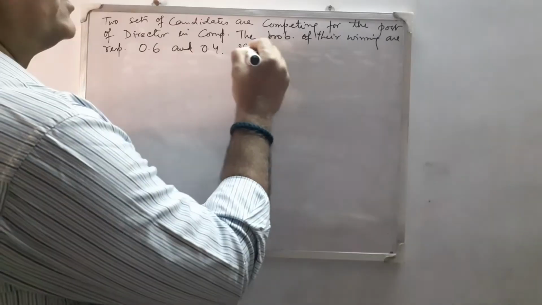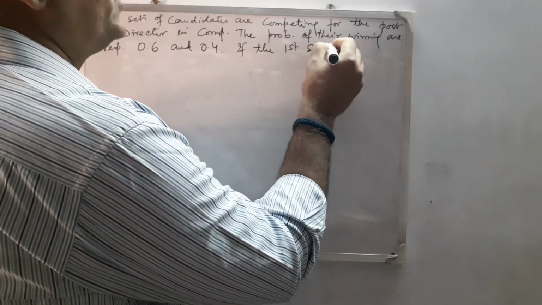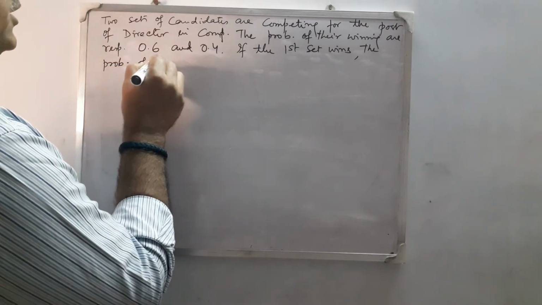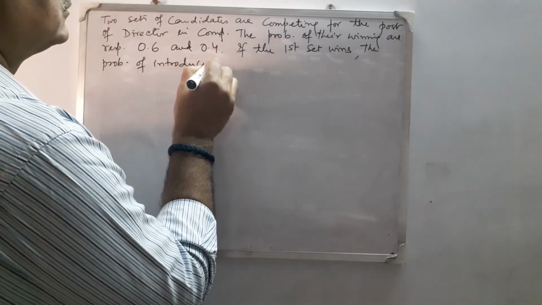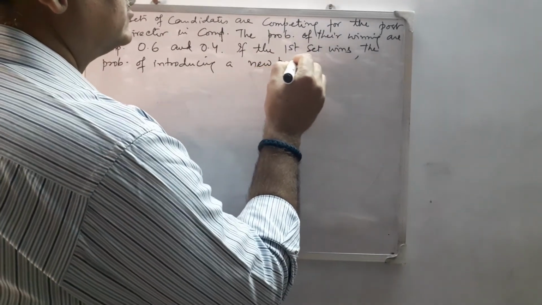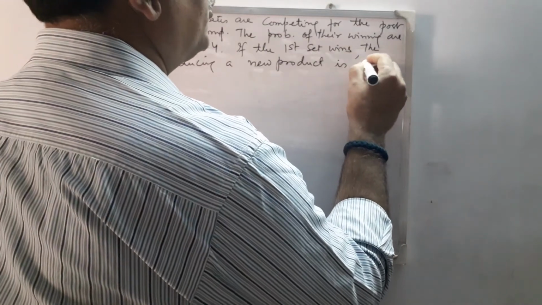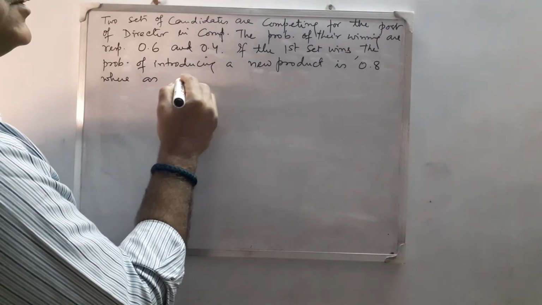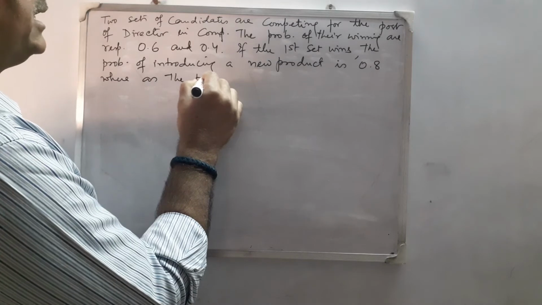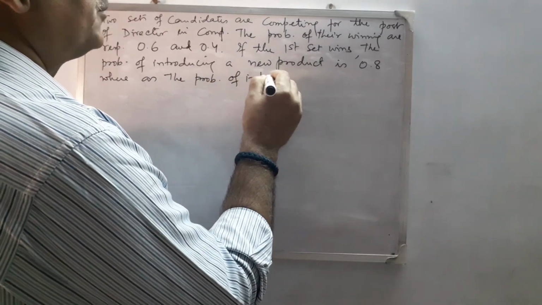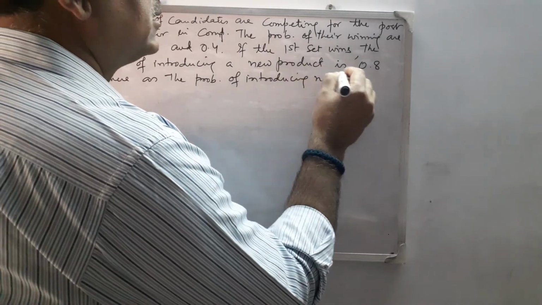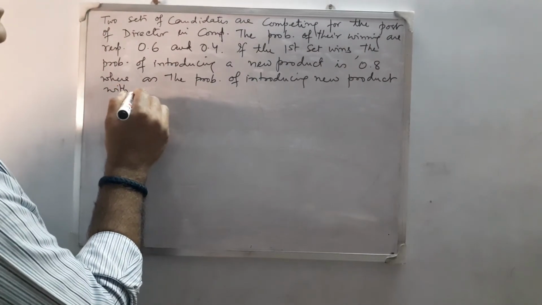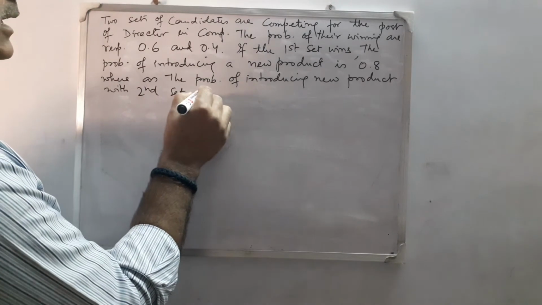If the first set wins, the probability of introducing a new product is 0.8, whereas the probability of introducing a new product with the second set is 0.3.